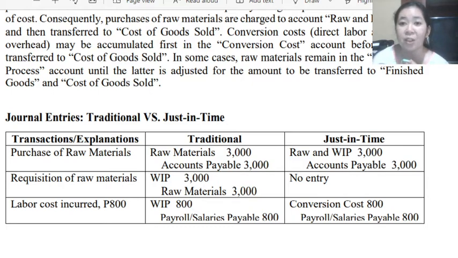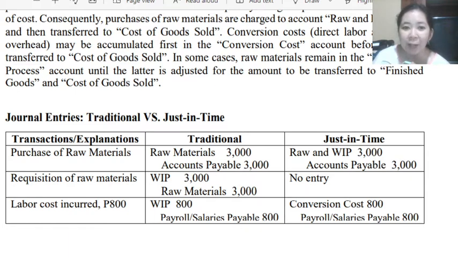But if we are using the just-in-time system, our entry is to debit the raw and work in process account and the same credit for accounts payable. If there is requisition of raw materials, for traditional accounting, we use work in process as the debit and we credit the raw materials account. But under just-in-time, there is no entry because this amount was already debited from the time that the raw materials were purchased.